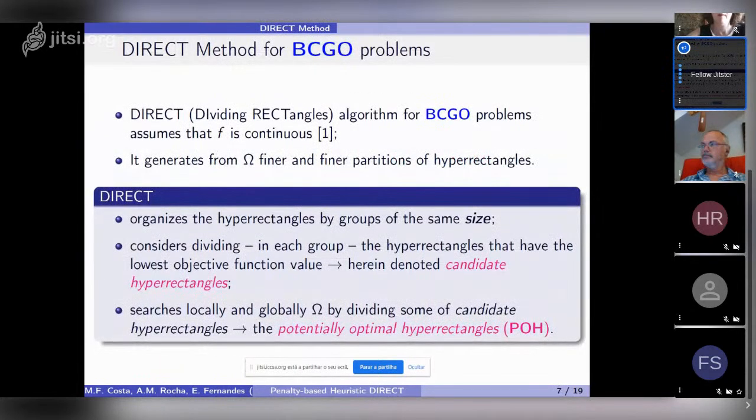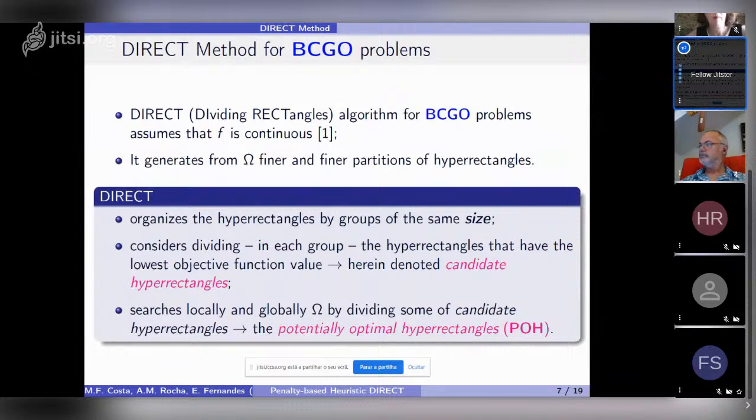Now I'm going to give some ideas about direct method. Direct method for BCGO problems assumes that f, the objective function, is continuous, and it generates from the search space omega thinner and thinner partitions of hyperrectangles.